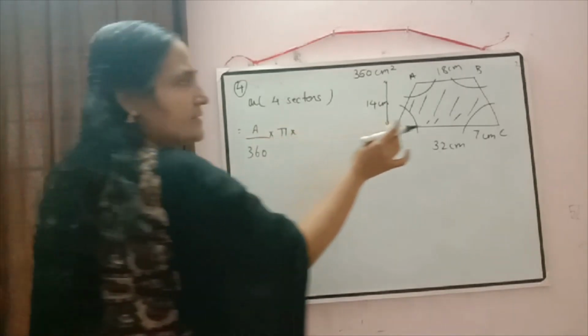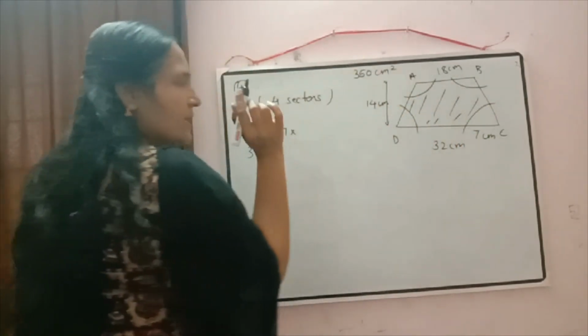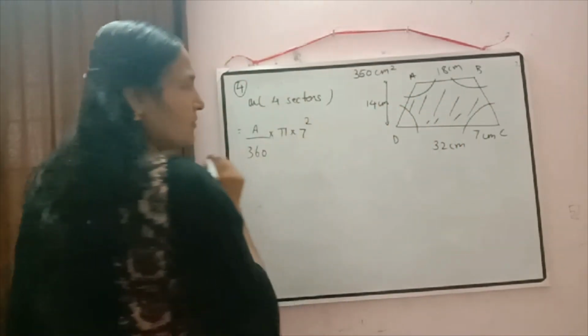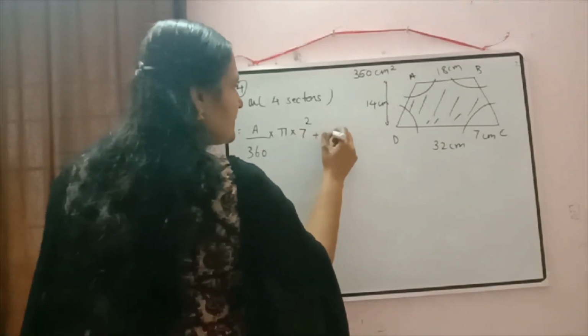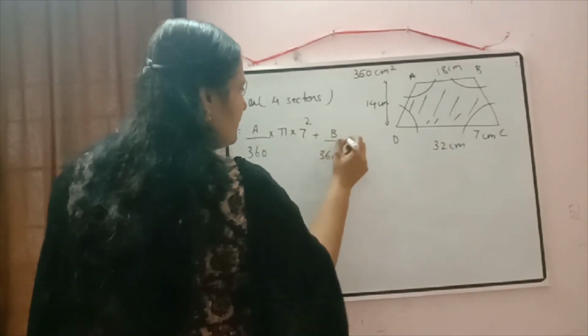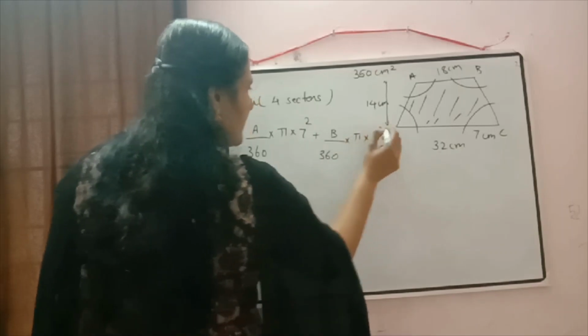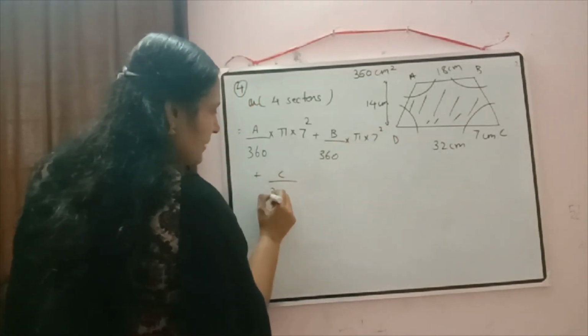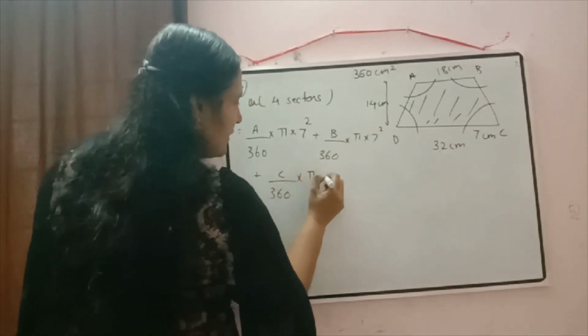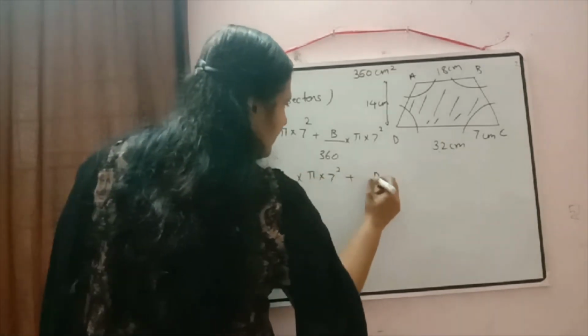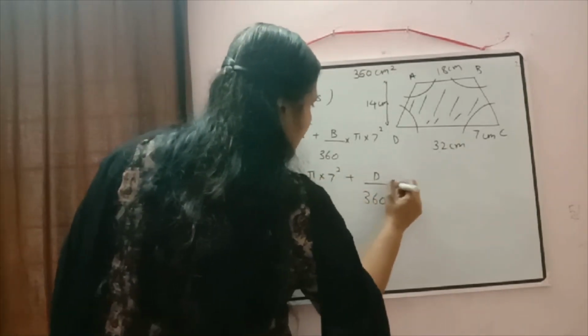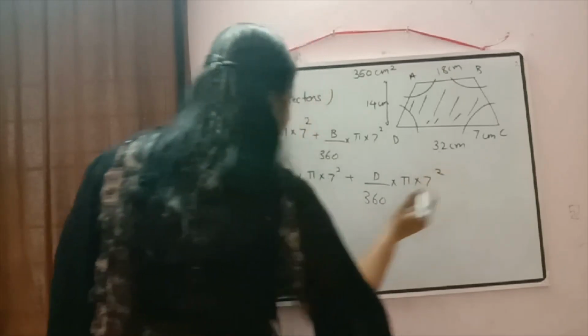What is the radius? Radius of each is 7 centimeters. So pi into 7 square plus B by 360 into pi into 7 square plus C by 360 into pi into 7 square plus D by 360 into pi into 7 square.